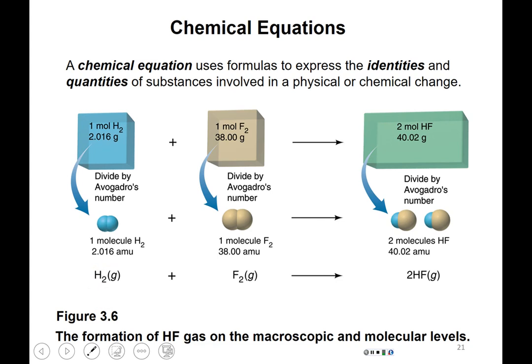So H2 gas plus 1 F2 gas goes to 2 HF gases. Right? And that 2 can stand for 2 moles of HF or 2 molecules of HF, depending on how you look at it.